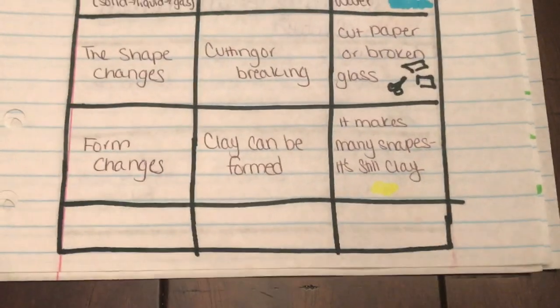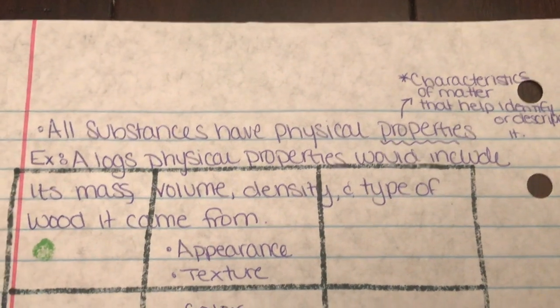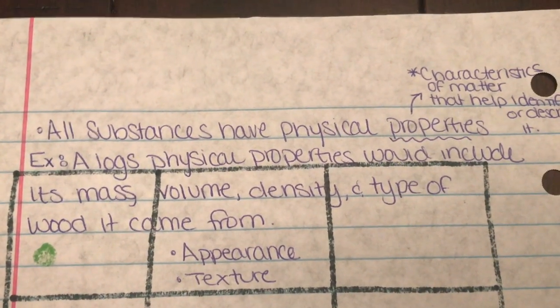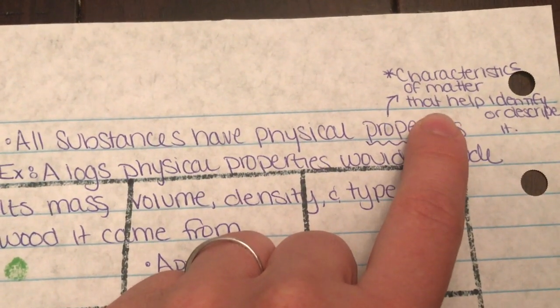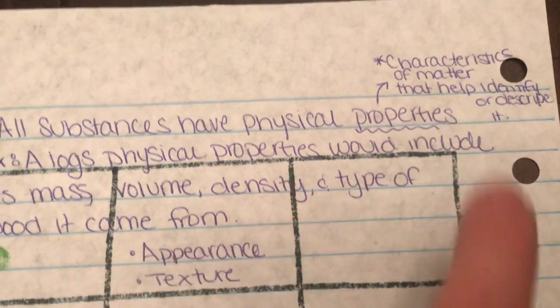And I added some notes on the back of this as well that I think are really important for you to understand. Sorry, it's a little bit difficult to read now that I've darkened my chart, but all substances have physical properties. A property is a characteristic of matter that helps identify or describe it.